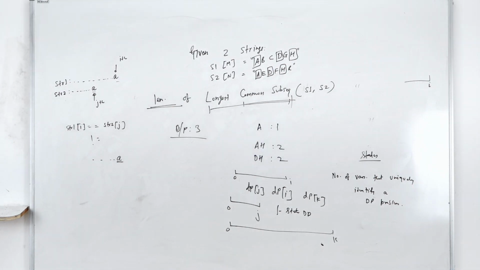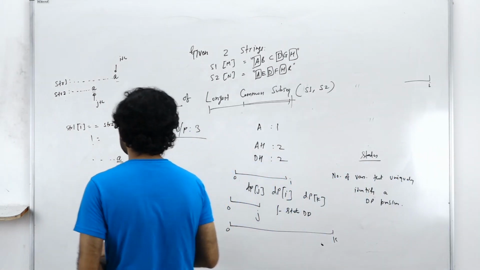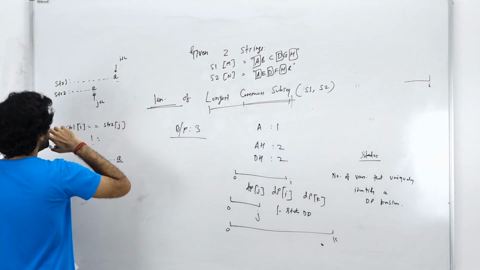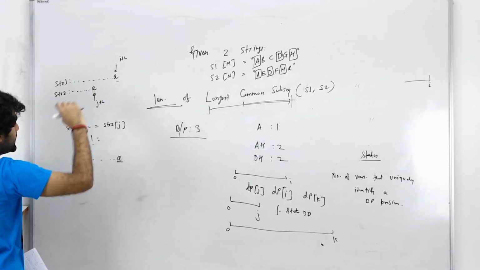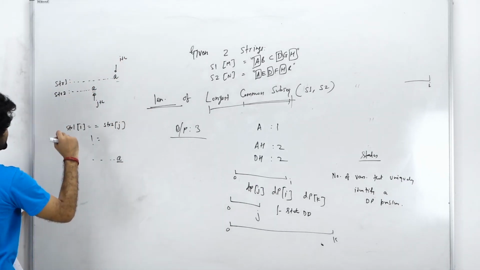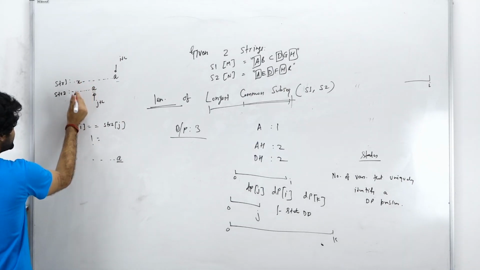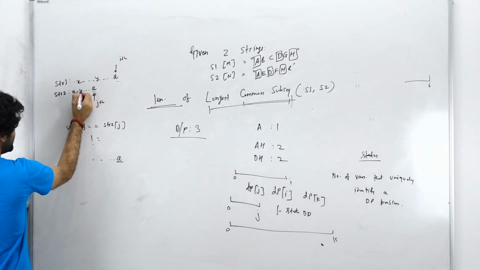One of you says no. If you're saying no, can you justify why? In the meantime I'll prove why I say yes. The thing is very simple. Let's say whatever is the answer, the longest common subsequence, could be something like this: there was an x over here, and for this x there was an x over here, and then there was a y over here, and for this there was a y over here.